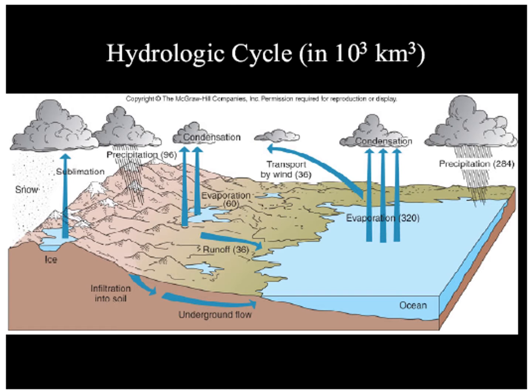We studied four spheres, and water is traveling in all these spheres in one form or the other. So these are some of the possibilities of the hydrological cycle, how water travels in different water bodies and in different spheres.